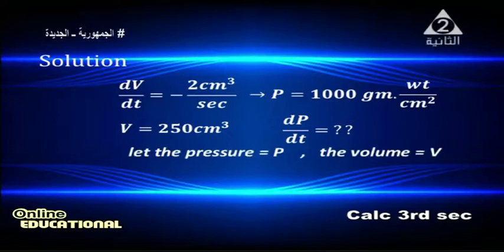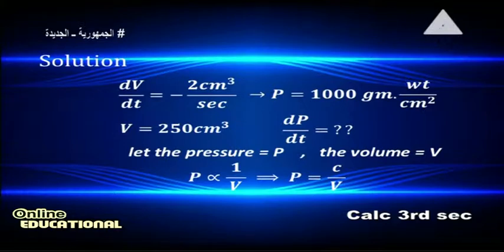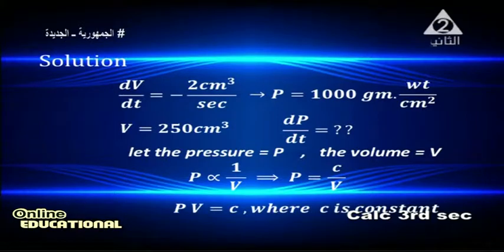We let the pressure equal P and the volume equal V. What is the relation between P and V? P varies as 1 over V. Then P equals a constant over V, where C is a constant and not equal to 0. Cross multiplication: then PV equals C, where C is a constant.